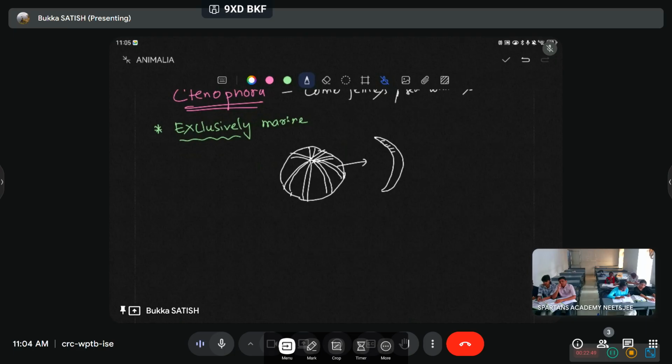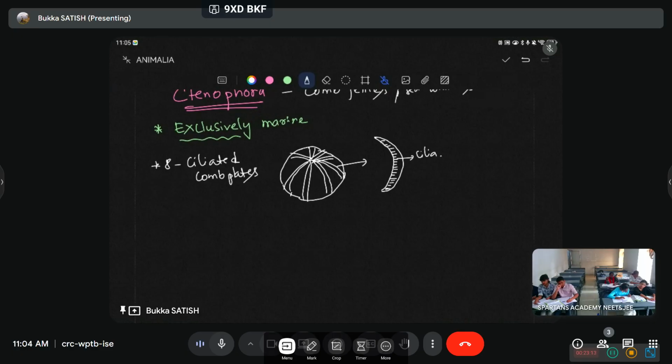This one consists of cilia. So the body consists of totally 8 comb plates or ciliated comb plates.